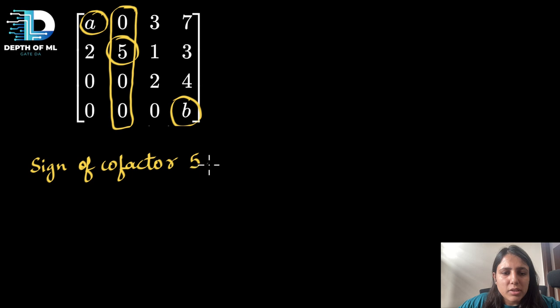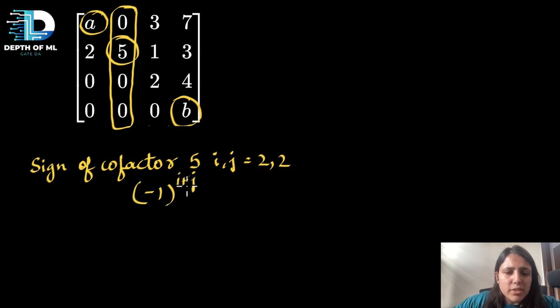This is 1 1, this is 1 2, this is 1 3, 1 4, this is 2 1, this is 2 2. So the index is 2 2. The sign of the cofactor is given by -1 to the power i plus j, so -1 to the power 2 plus 2, which equals 1. So my sign of cofactor will be 1.